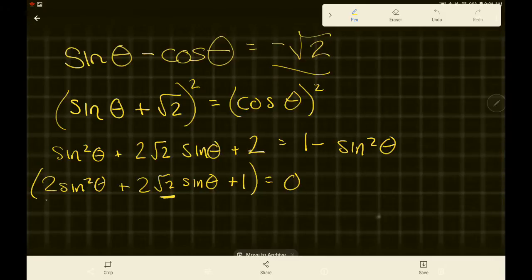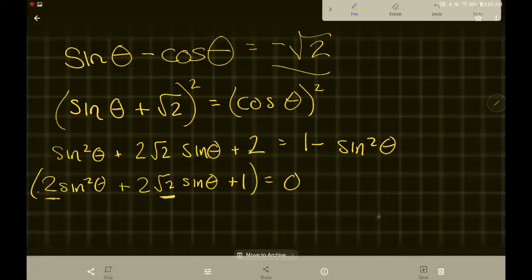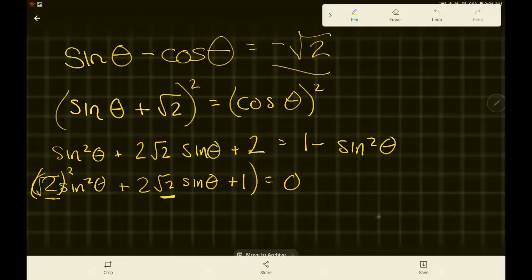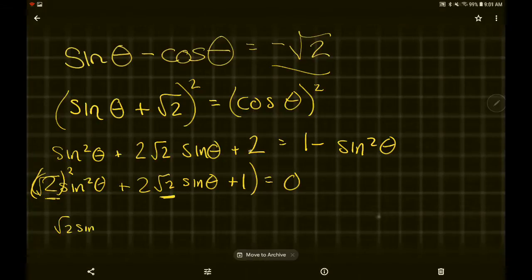Look at this 2 out in front. This 2 out in front is actually root 2 squared. So this first term is square root of 2 sine theta squared plus 2 root 2 sine theta plus 1 equals 0.